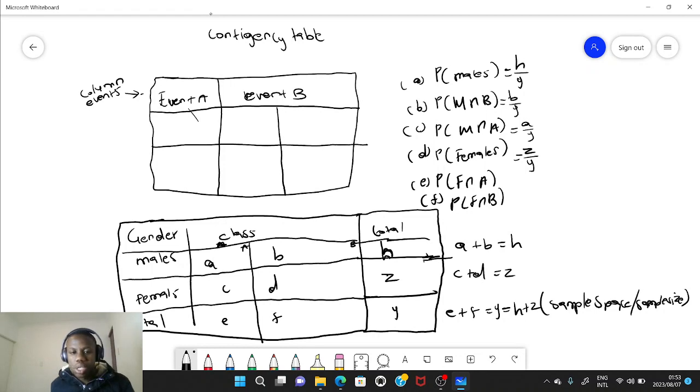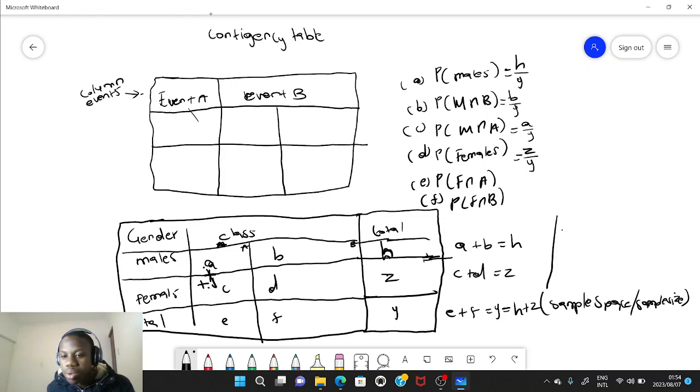So we said these are the totals of these rows, then we said these are the totals of this row, and these are the totals of this row. Now E and F: E is the total of the whole of class A, so that is the total number of learners in class A. That means A plus C is equivalent to E, because E is the total of this column, right?